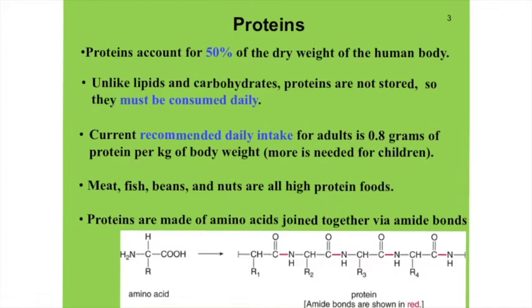The recommended daily intake for protein is 0.8 grams per kilogram of body weight for adults, and more is needed for children. We can get protein from our food in meat, fish, beans, and nuts. Protein is made up of amino acids. The amino acids are the monomers, and when you have a protein, those amino acids form a polymer.